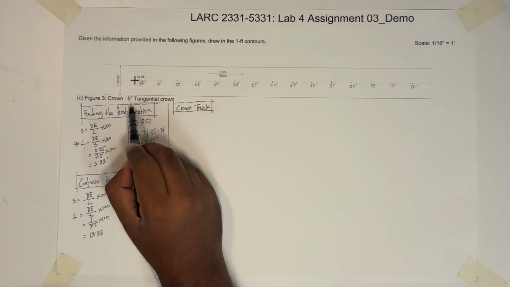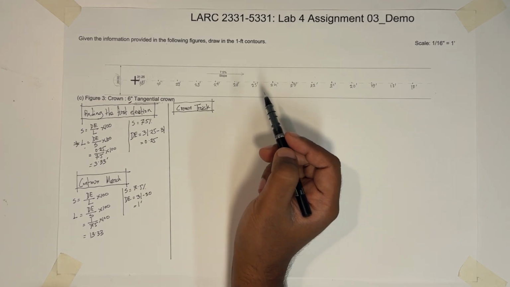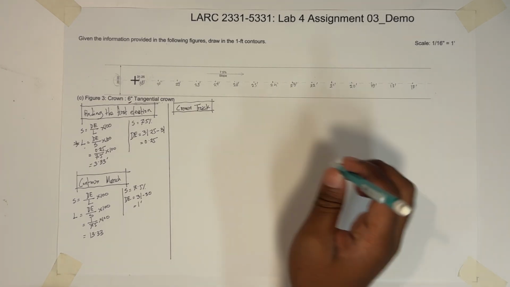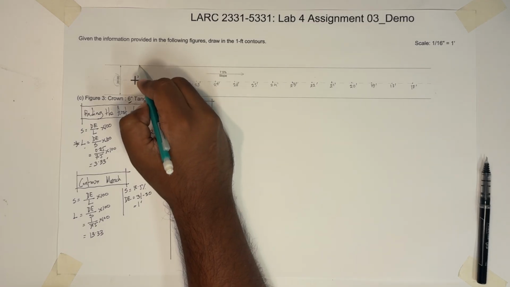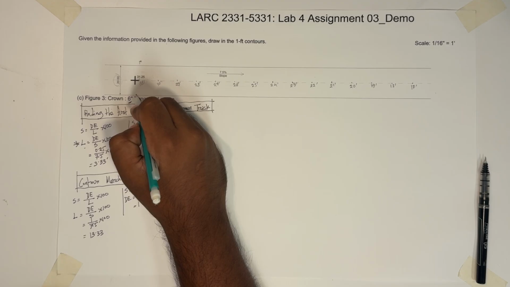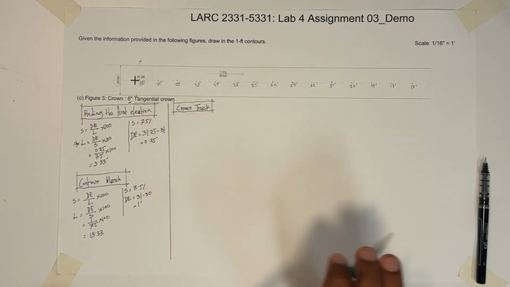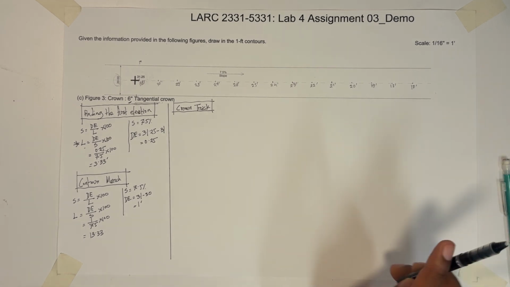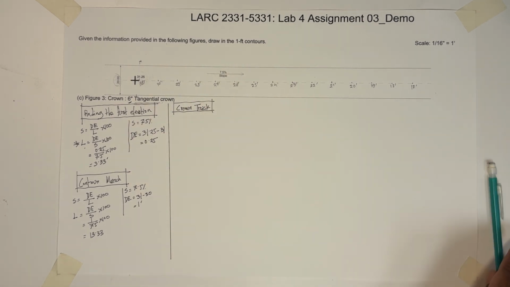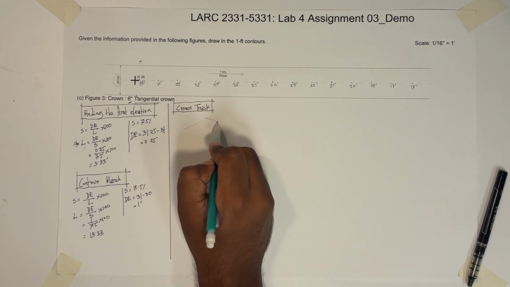As we know, this has a 6-inch tangential crown. What does that mean? It means if we draw, for example, a cross section between the 31 feet crown contour crown elevation point, the cross section looks something like this.